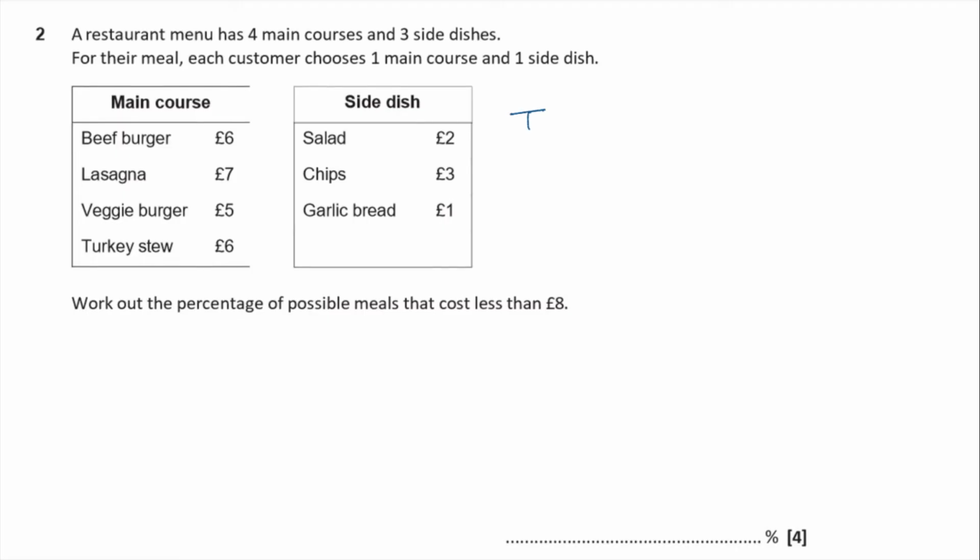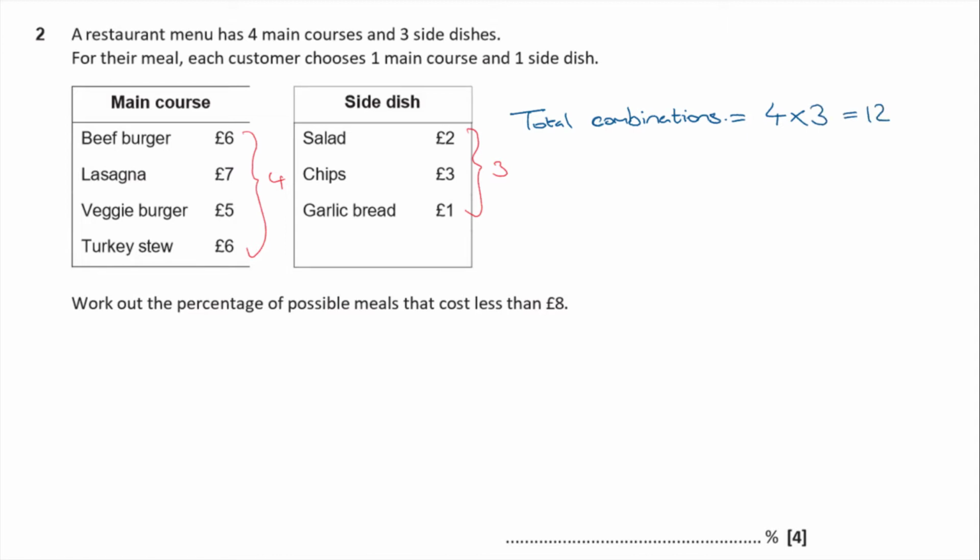So the total combinations is going to be equal to, so I've got 4 choices for main course and I've got 3 choices for the side dish. So then altogether I've got 4 times 3, which is 12 choices then, haven't I?